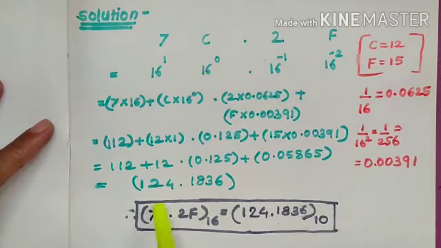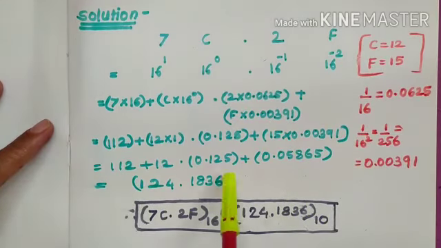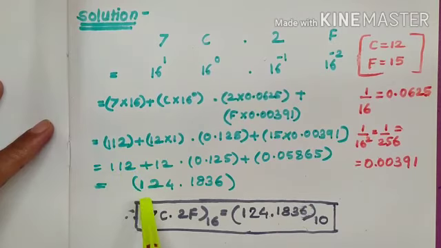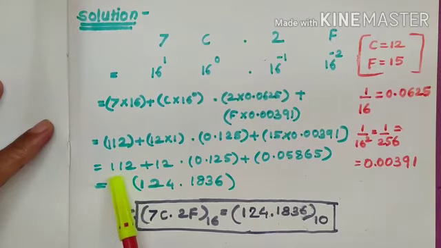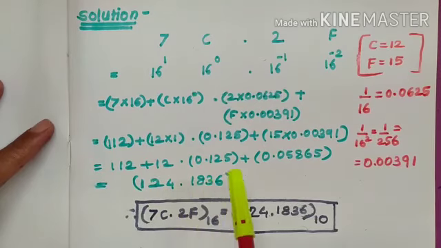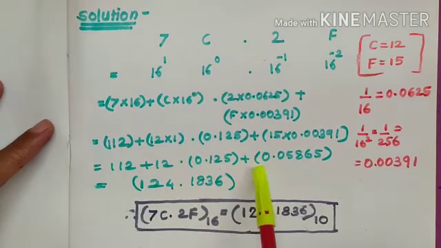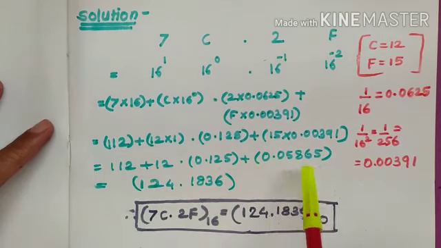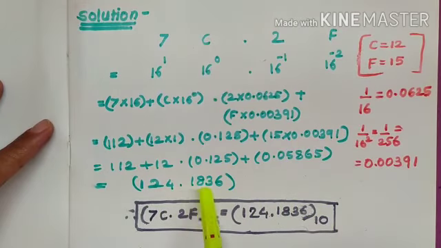Okay. Now by adding all these terms, we'll get 112 plus 12 is equal to 124 point. This 0.125 plus 0.05865 is equal to 0.1836.